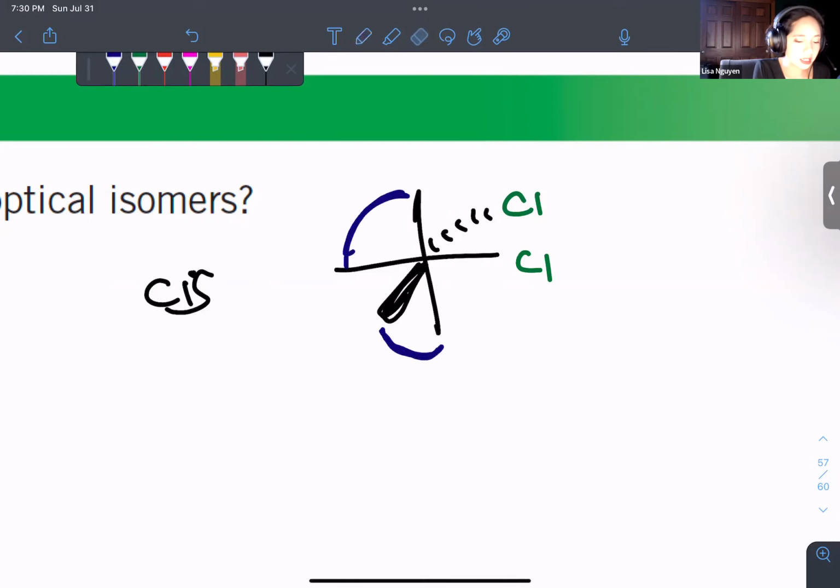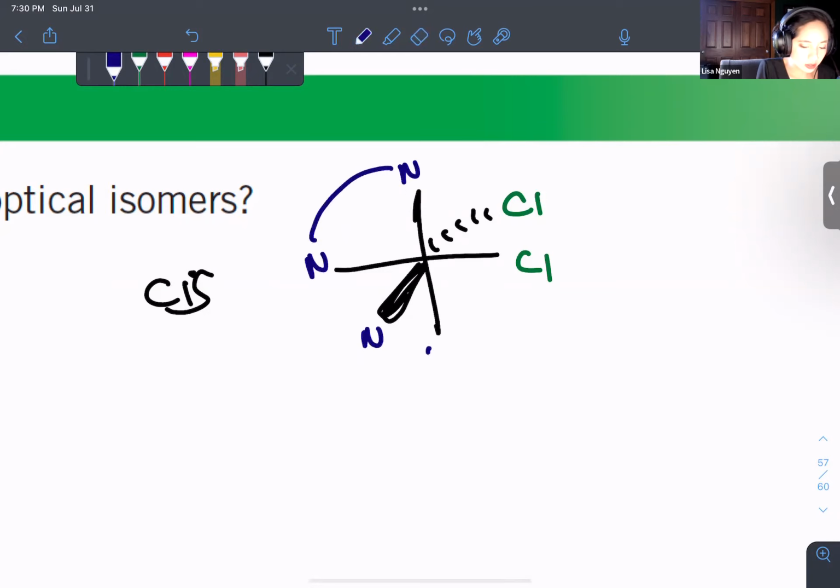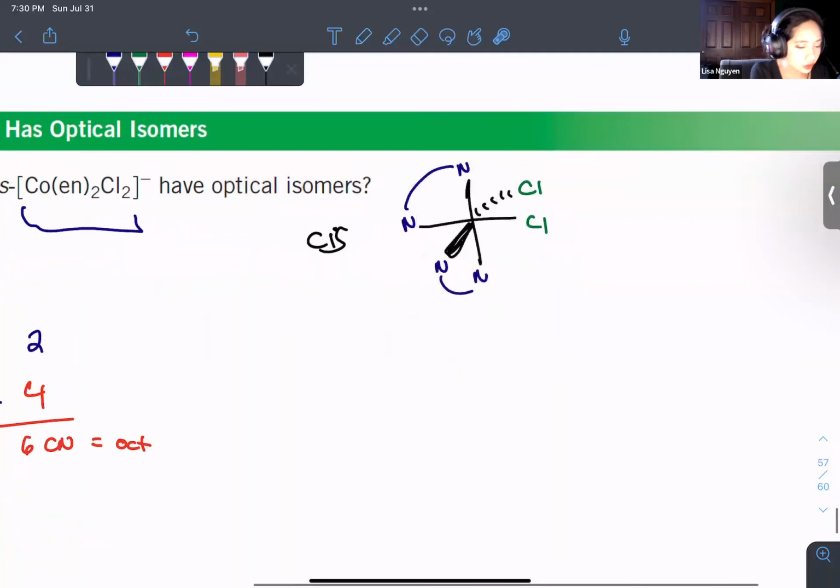So those ethylene diamines, I'll put the nitrogens like this, like that. They're connected to one another because this is a bidentate. So this is the cis version. How I recognize it is I notice that those chlorides are next to one another. They are cis to one another, versus the trans version of this molecule.